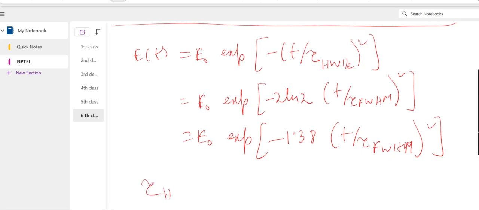Remember, tau half width at 1 by e is the field width.